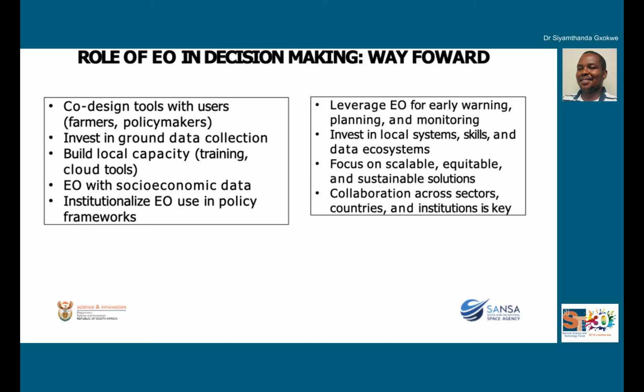And then we have to institutionalize this EO use in policy frameworks. So, for example, if we are talking about water resource management policies, then we probably need to include Earth observation data as complementary information needed to formulate these policy frameworks, because it allows us to monitor these water resources.